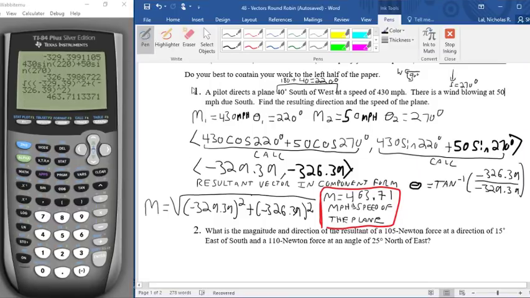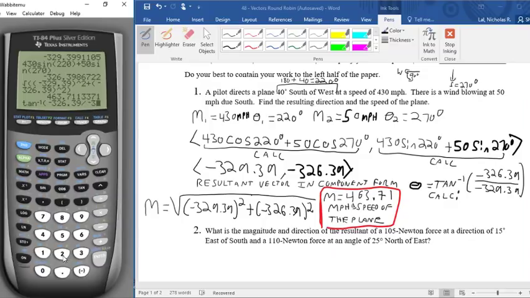When we plug this in, that should give us an angle of 44.73.